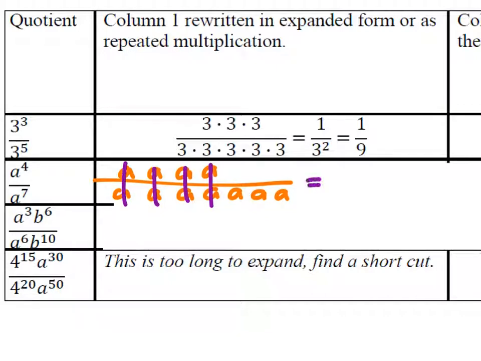And this ends up being over a to the power of 3 because we had those a's in the denominator. The question is what value goes in the top? Well, those purple ones are, well, they're 1s. So we could just say there's a 1 because anything multiplied by 1 is itself. So it's really 1 over a to the power of 3.